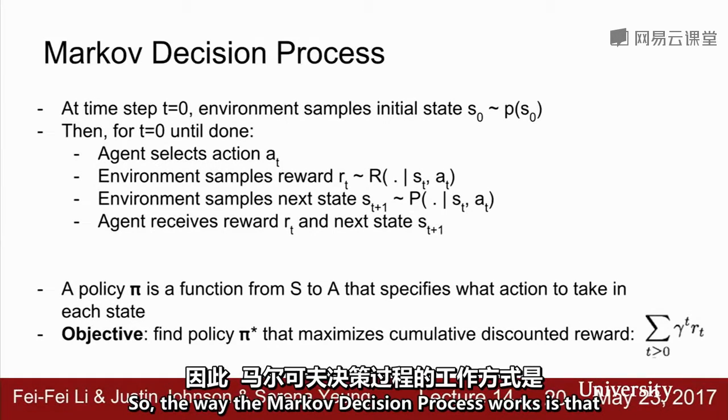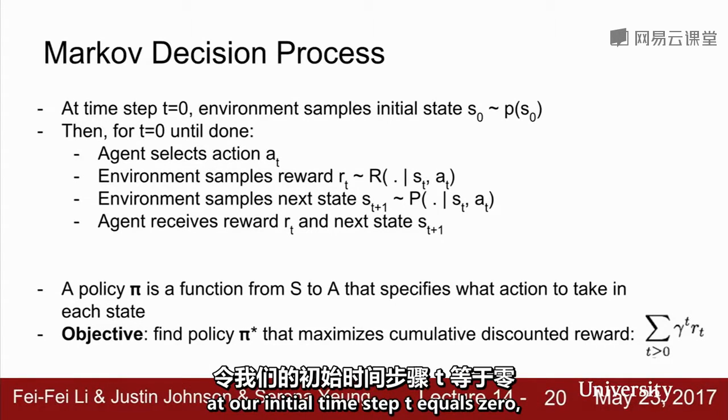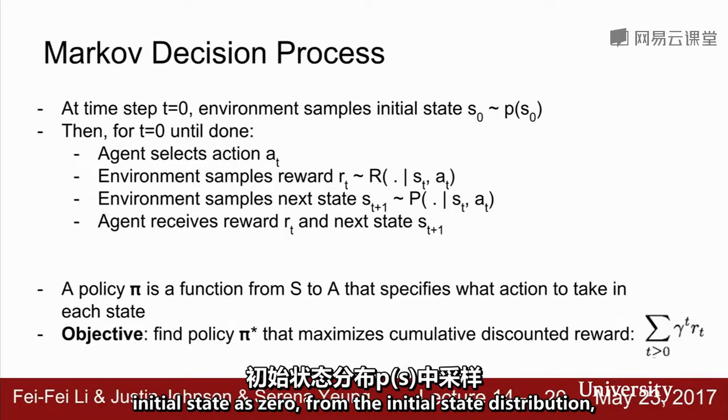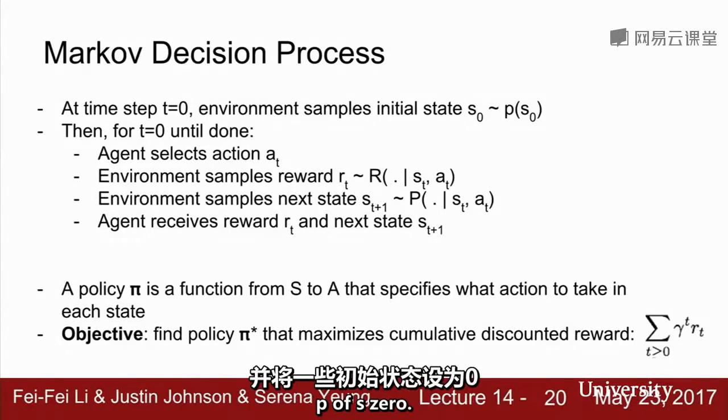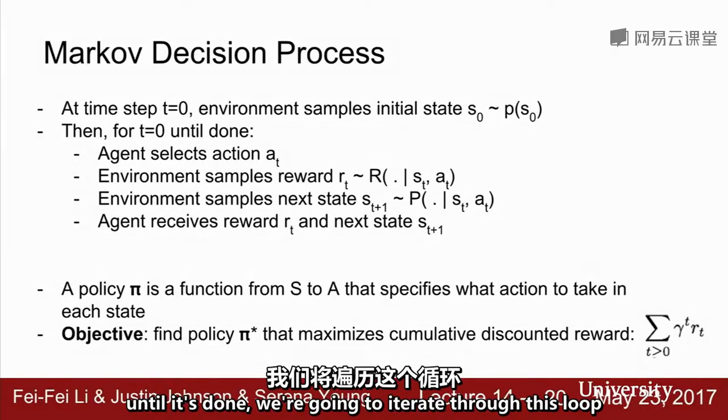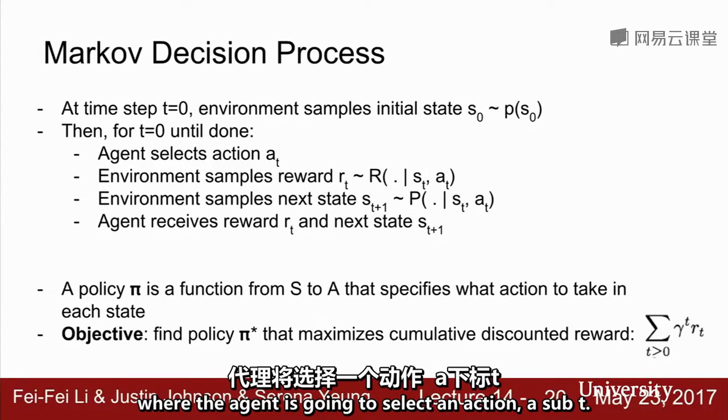So the way the Markov decision process works is that at our initial time step t equals 0, the environment is going to sample some initial state s0 from the initial state distribution, p of s0. Then from time t equals 0 until it's done, we iterate through this loop where the agent selects an action, a sub t.